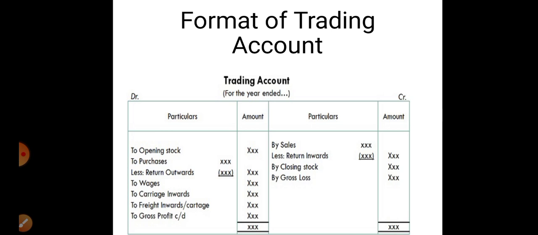Carried down means we are taking this balance to the next account, that is profit and loss account, and under the profit and loss account it will be taken to the credit side by writing By gross profit b/d. b/d means brought down. And if the debit side is greater than the credit side, then there will be gross loss, that will be written on the credit side, and it will be taken to the profit and loss account debit side.